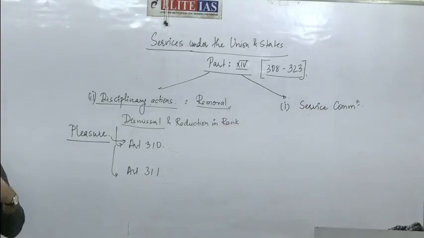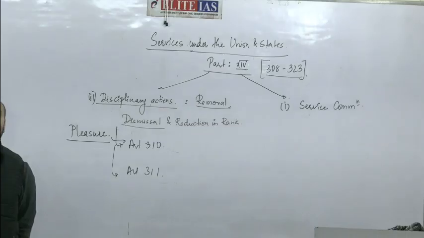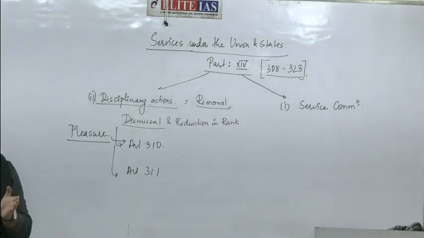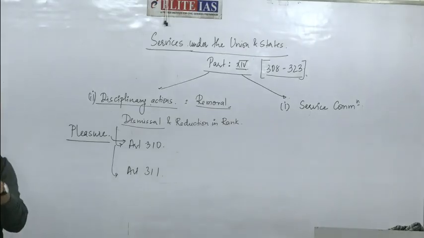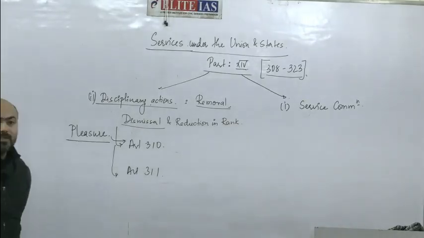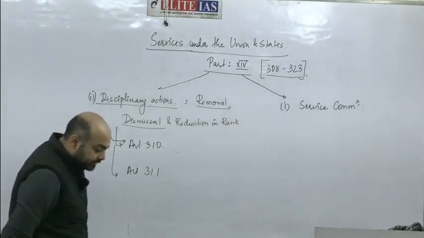It's not that important, though there are some technical aspects, but what is important here is Article 310, Article 311, Article 312 of the Constitution. We have already dealt with it. So Article 310 and Article 311, these two provisions are considered most important here because they deal with the disciplinary proceedings.